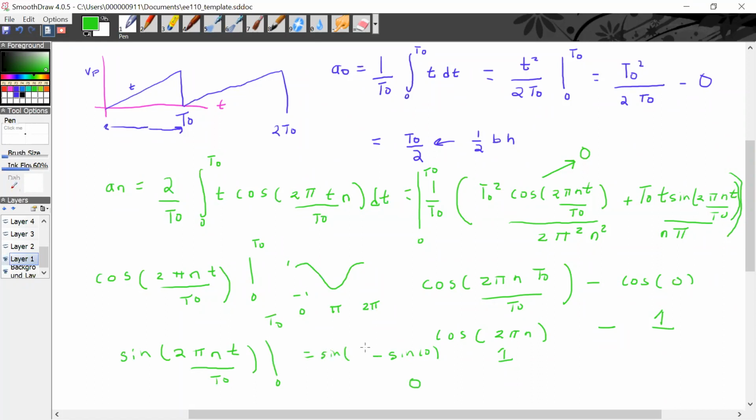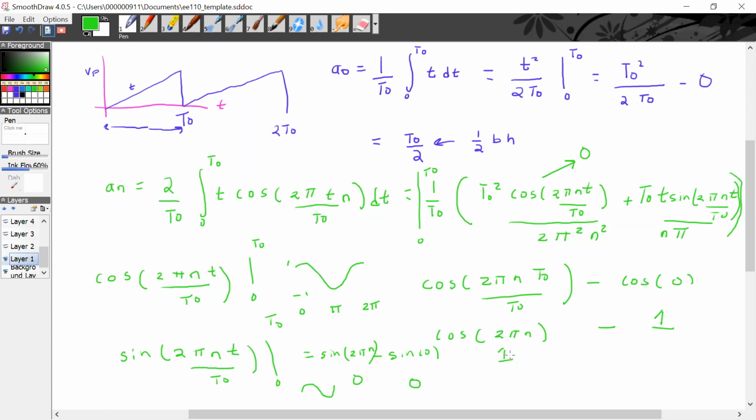And when we evaluate it at T naught, it's 2 pi n, because the periods cancel out, and it's always 0.